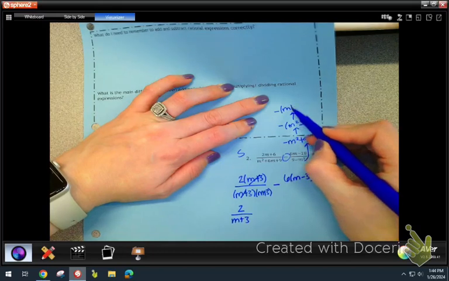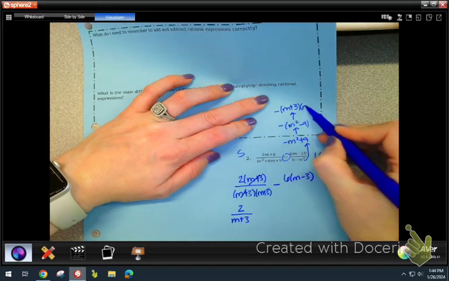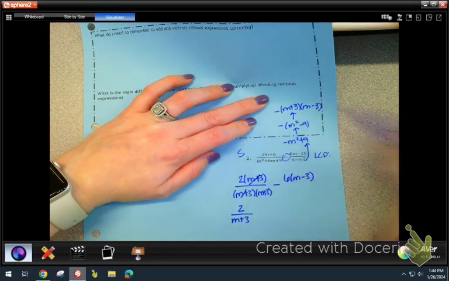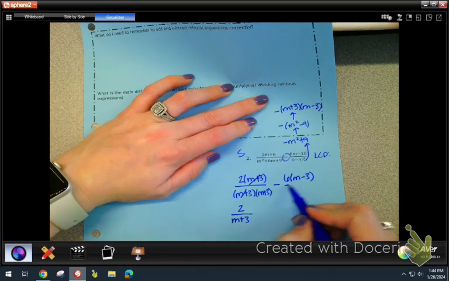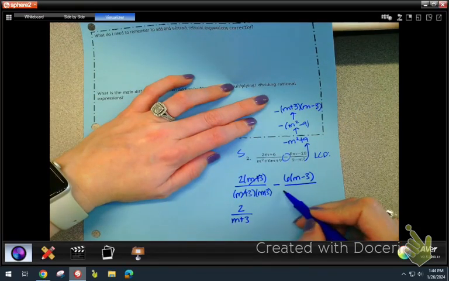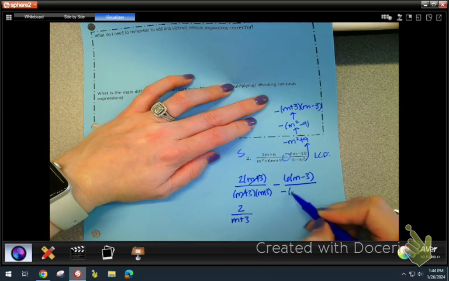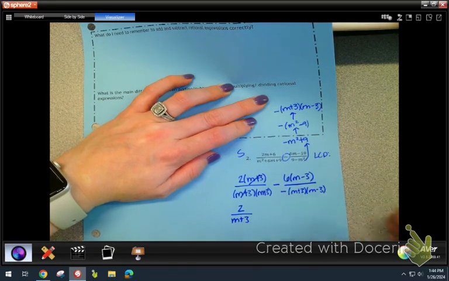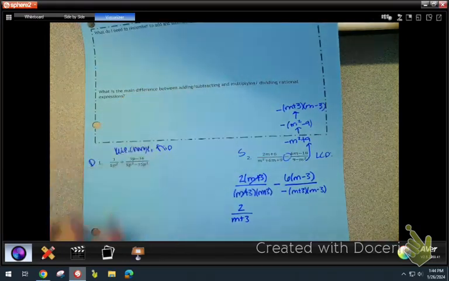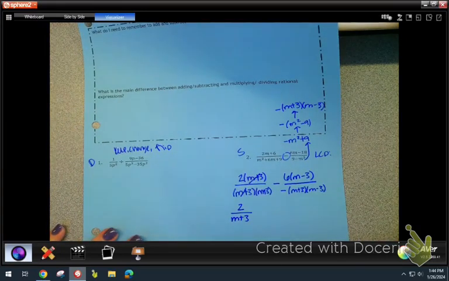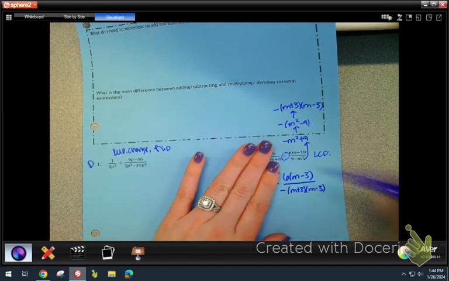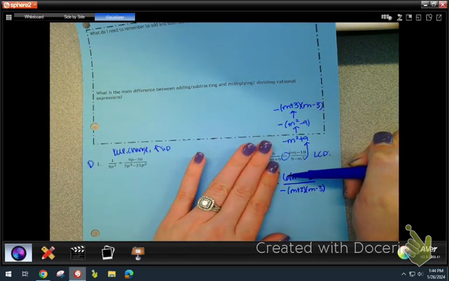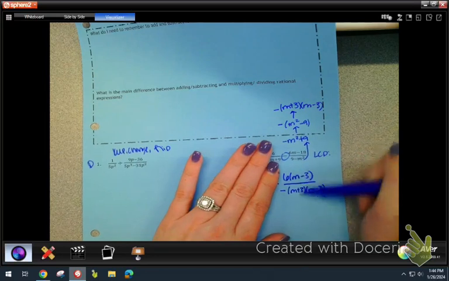Because it is a square, it's a difference of squares. So here's my factored form: negative times m plus 3 times m minus 3. Are we okay with that? Sorry, I'm working up the page. Looking just at this fraction, I've got a product over a product.